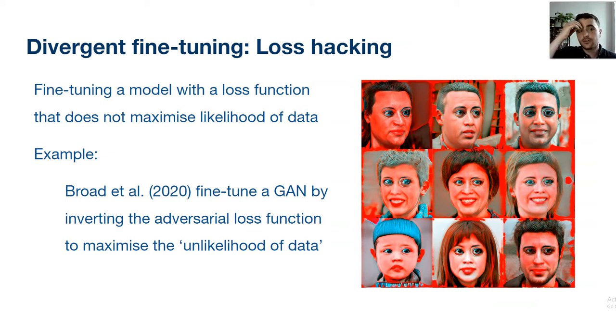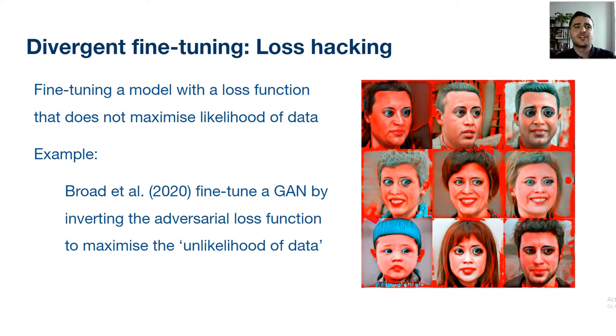The final method we're going to talk about is loss hacking for divergent fine-tuning. Here we're fine-tuning a model with a loss function that doesn't maximize the likelihood of data or maximize the likelihood of another network. So we're doing something quite different. We're really hacking the losses, so to say. In some of my previous work, I took a pre-trained GAN and I fine-tuned it by inverting the adversarial loss function.